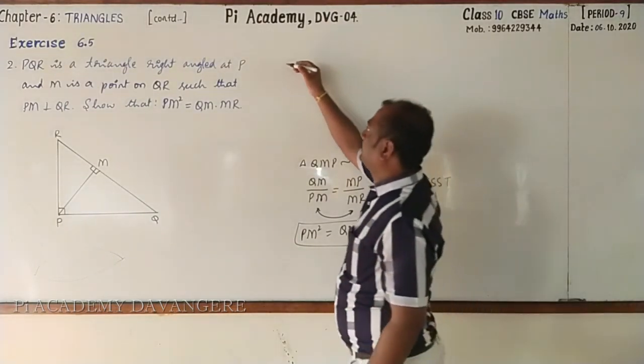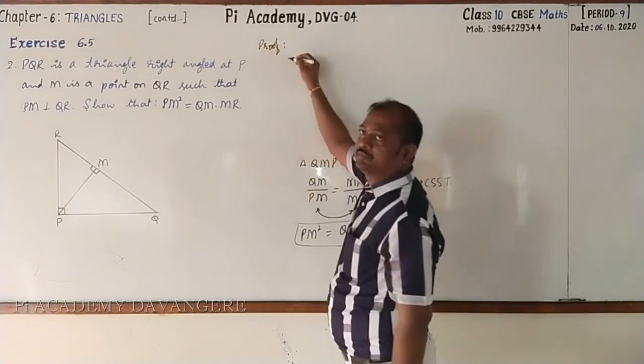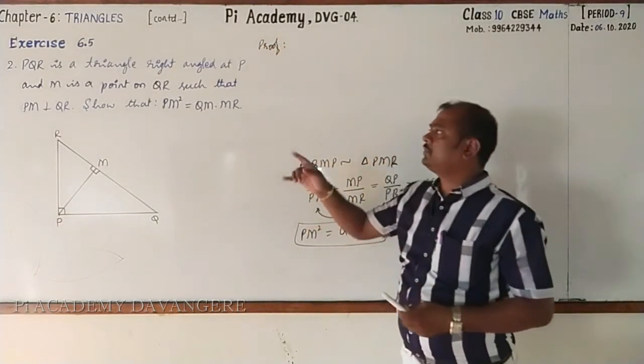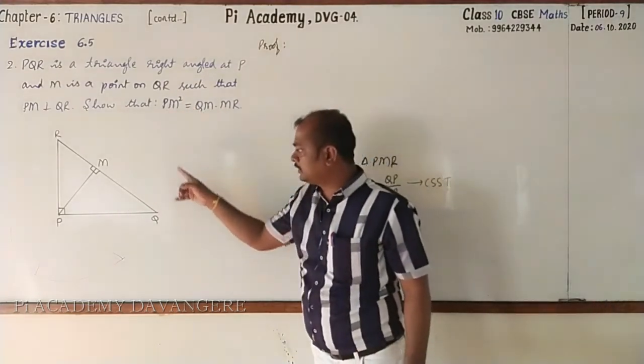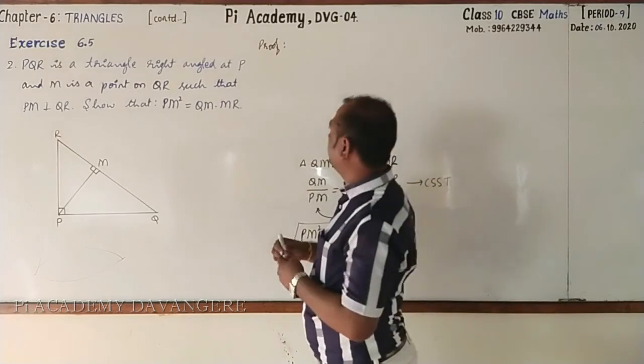So for the proof, the very important statement to be written is, what is that? Do one thing, copy from there to here. Afterwards, you may start writing the proof with me.